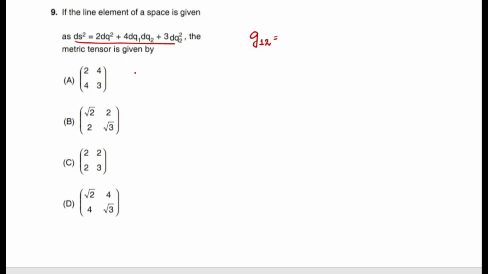For example, I'm going to rewrite this in terms of x and y components. Here they have given in terms of q1 and q2. I'm going to write in terms of the x component, that is dx squared can be written as 2 times dx whole square plus 4 times dx into dy plus 3 times dy square.